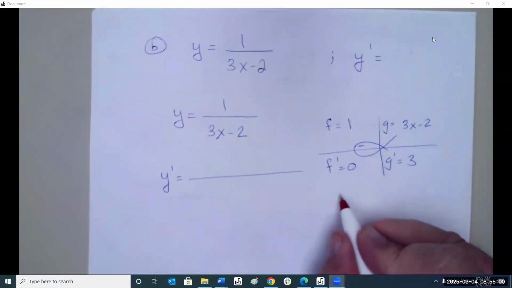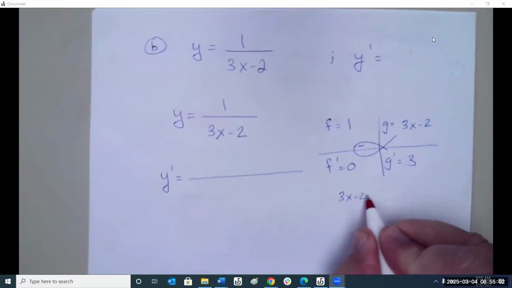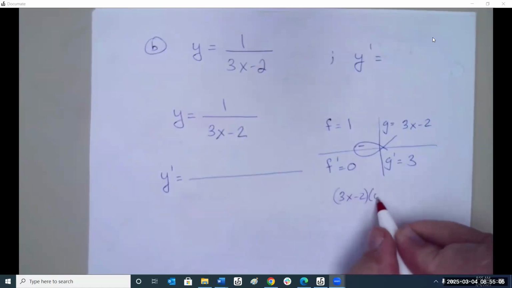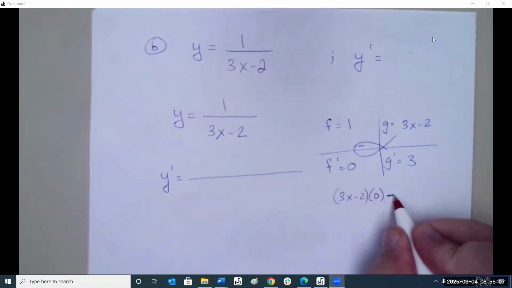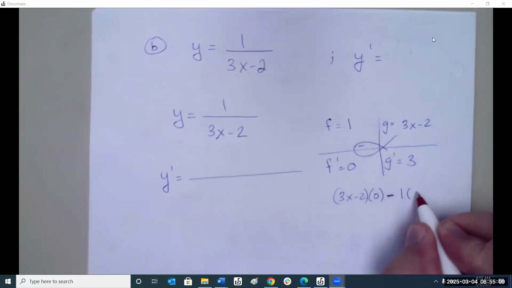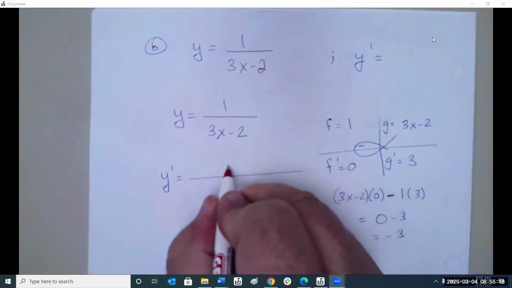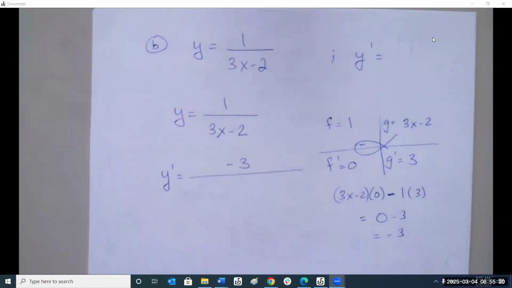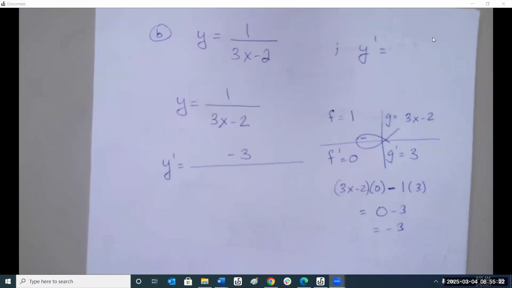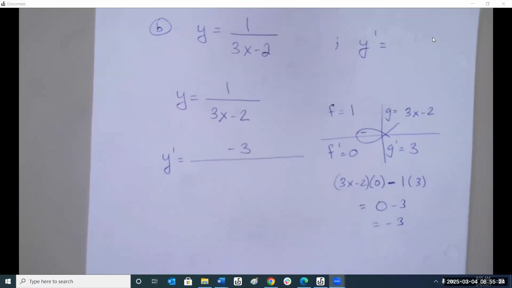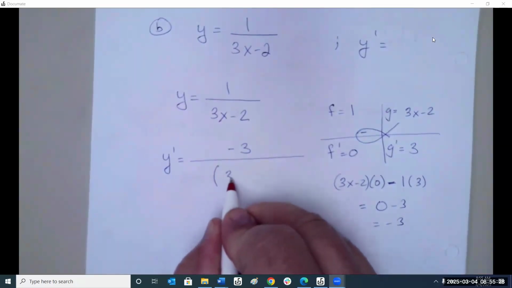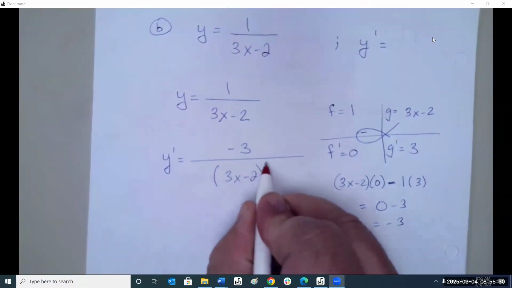We have 3x minus 2 times 0 minus 1 times 3. 0 minus 3 equals -3. That goes on top. What goes on the bottom? Very good. Whatever we have on the bottom, square it.